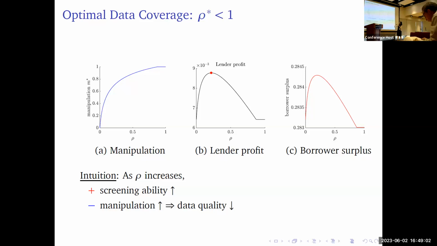However, for the low type, a higher rho means that they will manipulate more actively, so they will incur the manipulation cost. And the manipulation cost here is a deadweight cost, so that will drive down the borrower surplus. So again, when we aggregate both types of borrower surplus, we have a hump-shaped pattern.